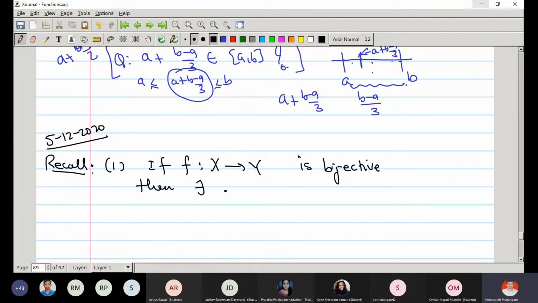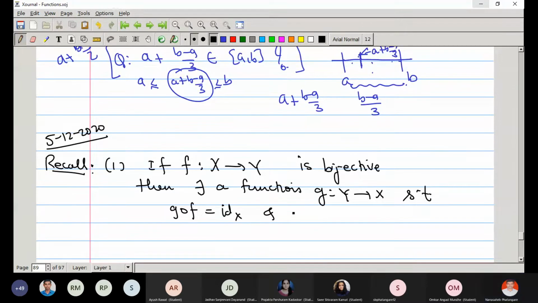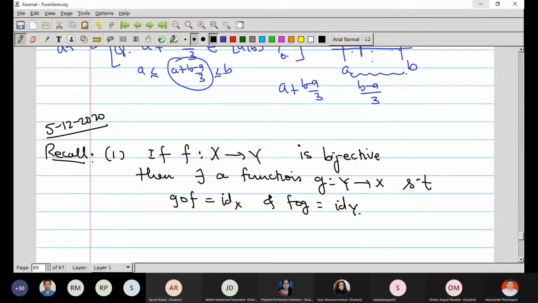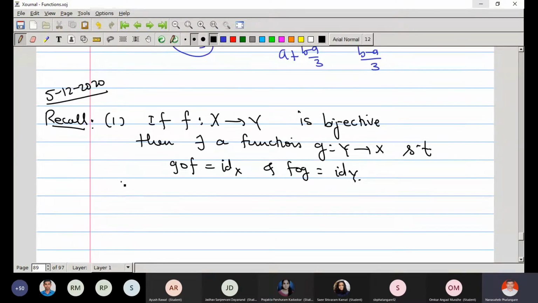There exists a function g from Y to X such that g composite f is identity on X and f composite g is identity function on Y. So g is called the inverse of f.